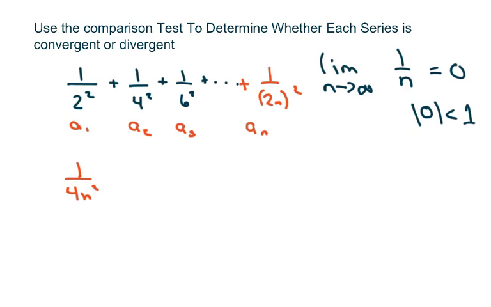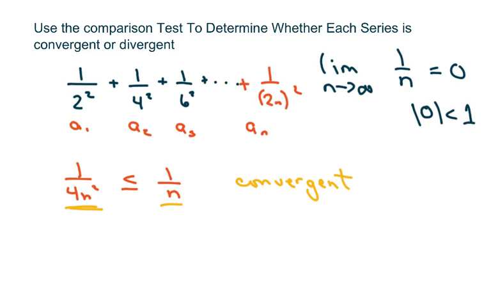And then, therefore, if you look at the comparison, we want to compare it to 1 over n. And what we notice is that whatever number we put in for n, it's less than this term. This term is going to be less than this term. So that means it's going to be convergent.